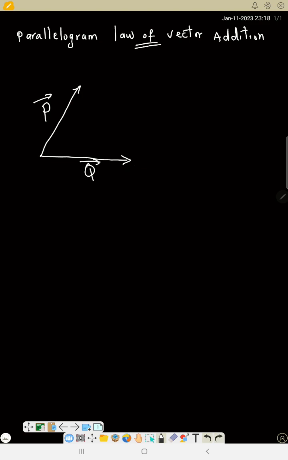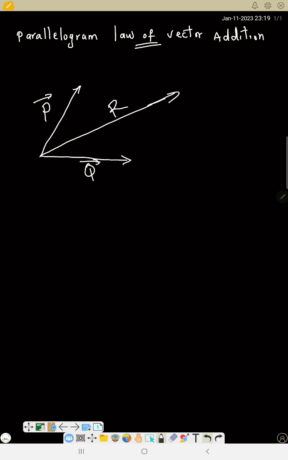Then the line drawn from the point of intersection of the two vectors represents their resultant. So you can see this is their resultant.